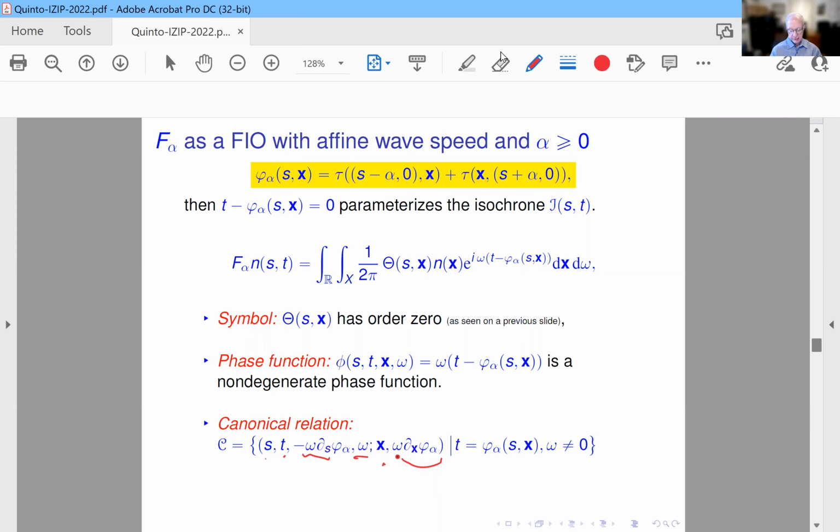And the condition is T is equal to phi alpha of S, x, namely x is on the isochrone parameterized by S and T. And of course, omega is non-zero. So that's good. We need to learn what the properties of the canonical relation are.